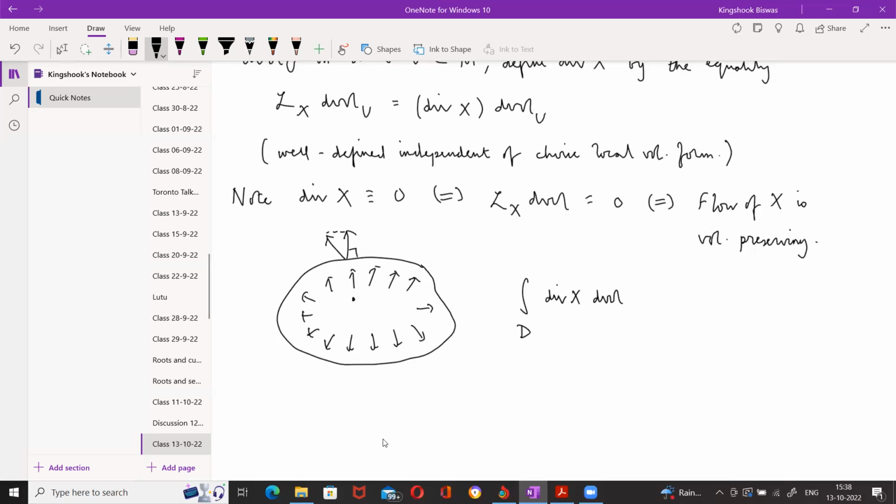That will give you the amount which is flowing outside. So that is exactly this integral of X·N ds over the boundary of D. So this is Gauss's divergence theorem.